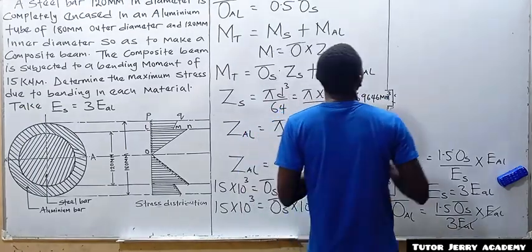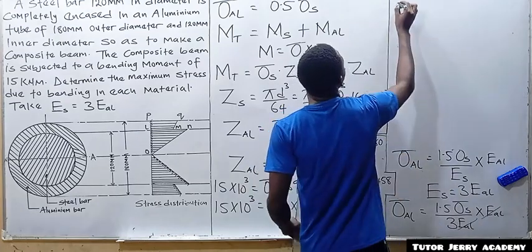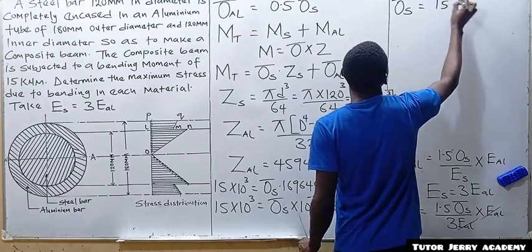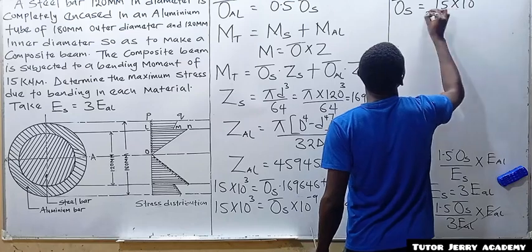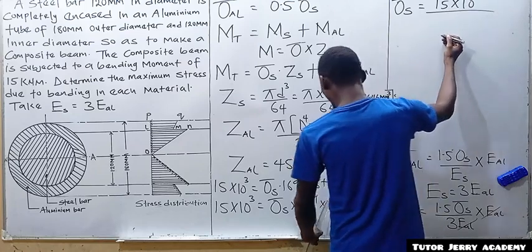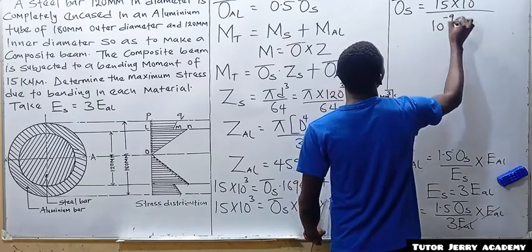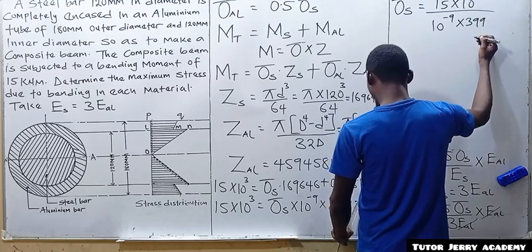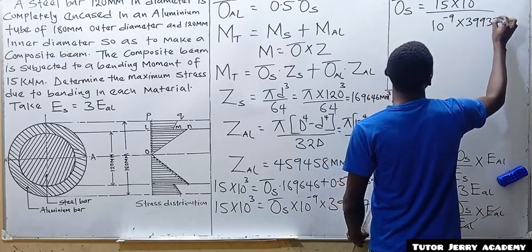If we do that, the stress in the steel will be equal to 15 times 10 to the power of 3 all over 10 to the power of minus 9 multiplied by 399,375.